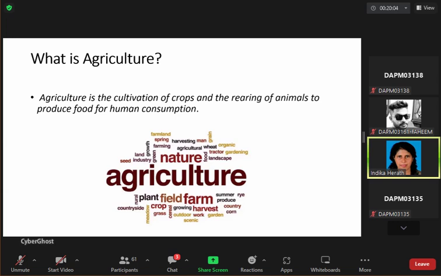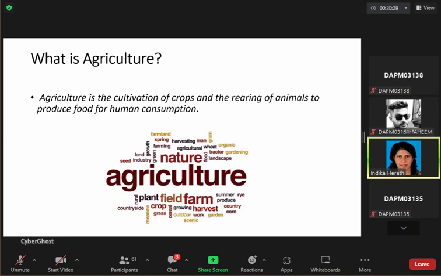So we have a land resource where we can practice agriculture. Therefore, it is really important for us to know how to do it properly and how it can be improved to make a considerable contribution to the economy of the country.